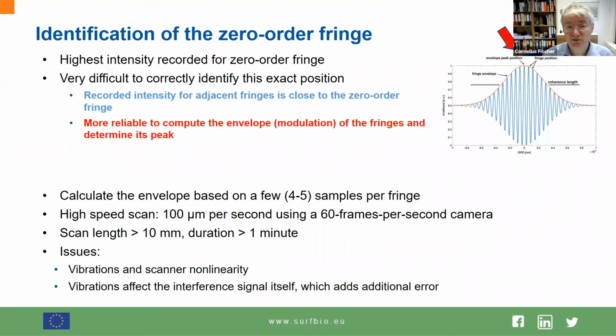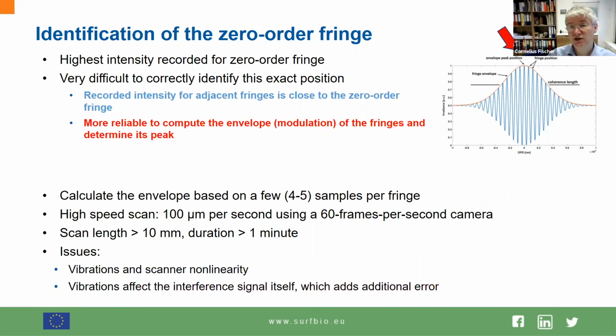This also provides the opportunity to scan very long changes in surface topography in a decent time frame. Here's an example for a 100 micron height difference. You can do that in a couple of seconds with a high-speed camera, and you do this for all pixels at the same time.